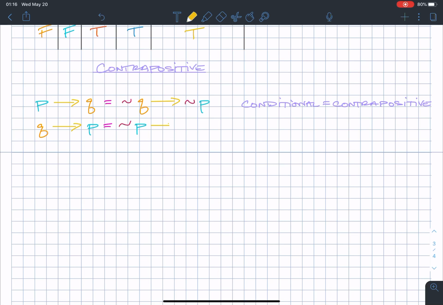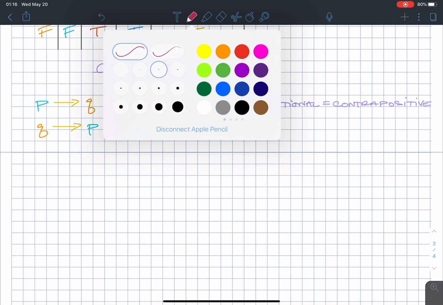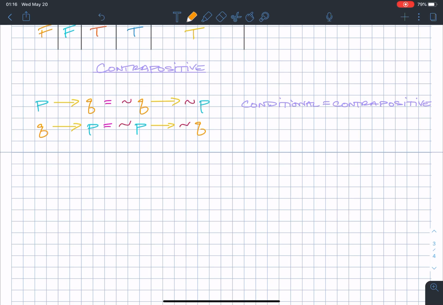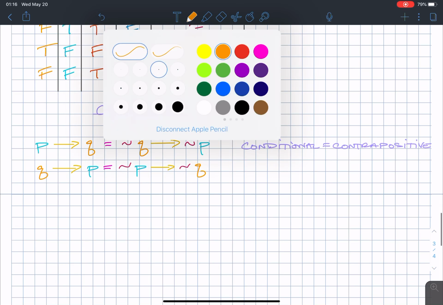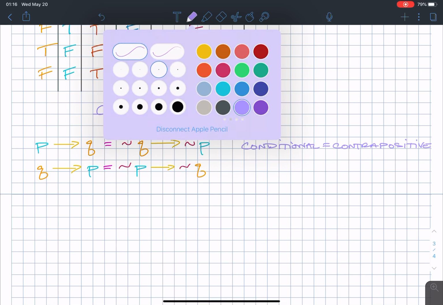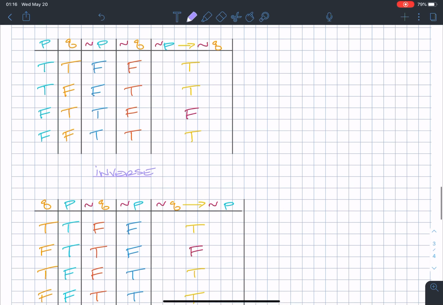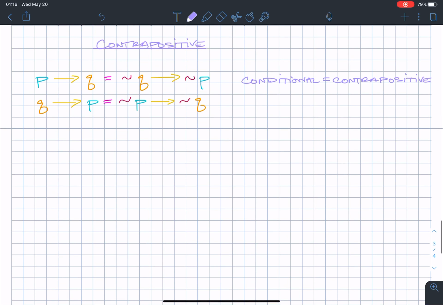So the converse is equal to the inverse with respect to its truth table.